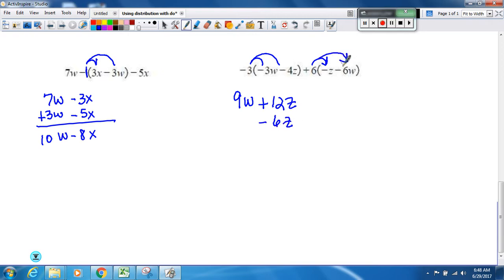And 6 times negative 6 is negative 36, and that's a w. Negative 36w. So for your w's, 9 take away 36 is a negative 27. And then for your z's, 12 take away 6 is a positive 6. So the answer to that one is negative 27w plus 6z.